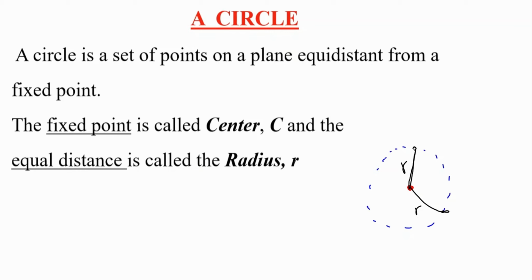When we join these points, we can see that it forms a nice circle. So practically, that's the meaning of a circle. From the center to any point on the circle is what we call the radius, represented by R. So that's the basic meaning of a circle. Now, having known this, let's move to the equation of a circle.